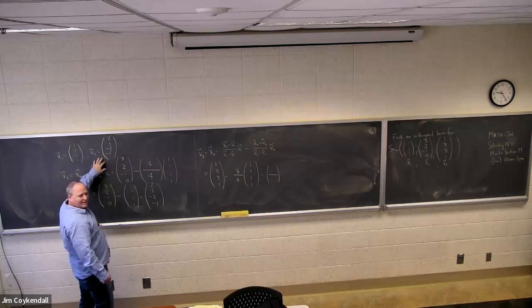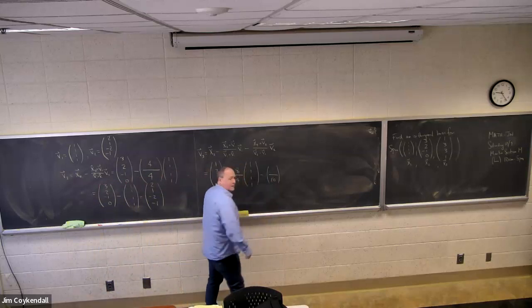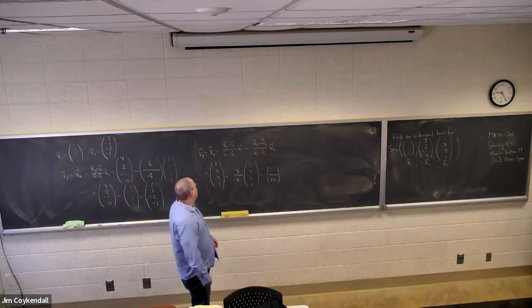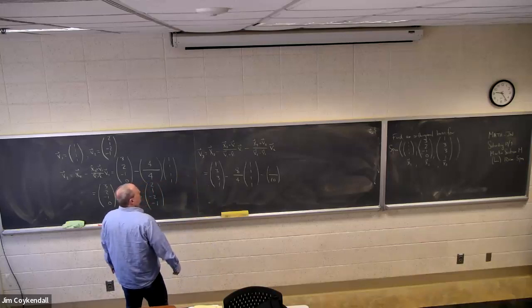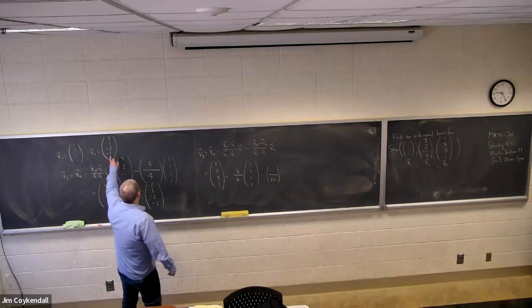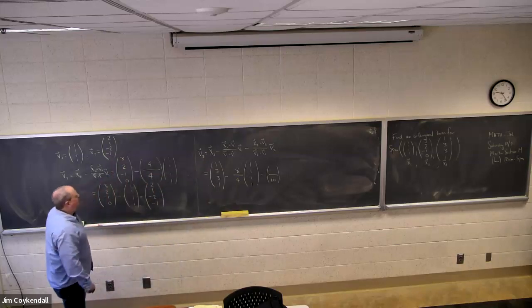Looks like it's 10, doesn't it? Do I agree with that? How about what we've got to do here? V2 and X3. So I've got V2 and this. Tell me what you get.